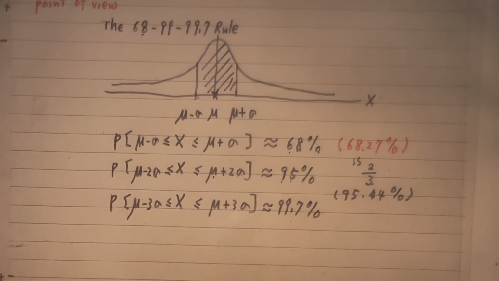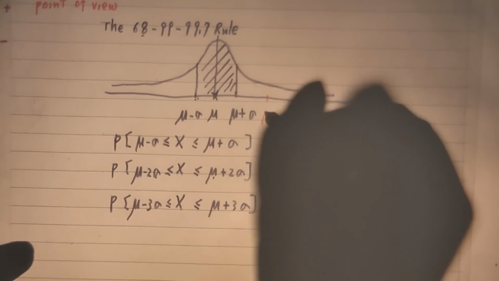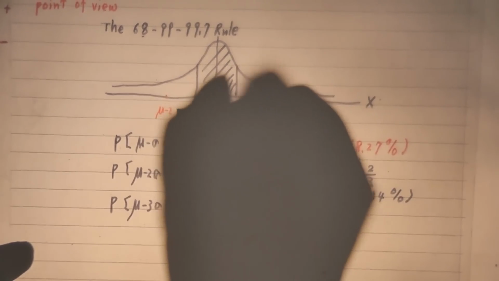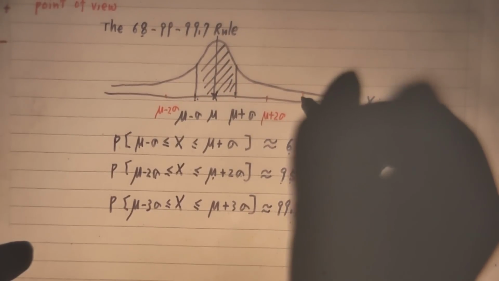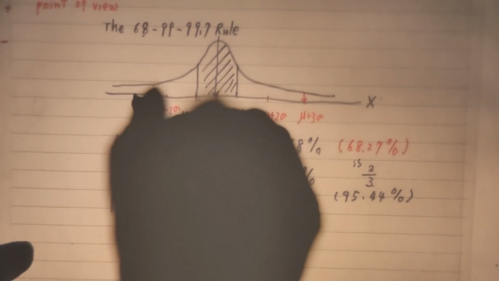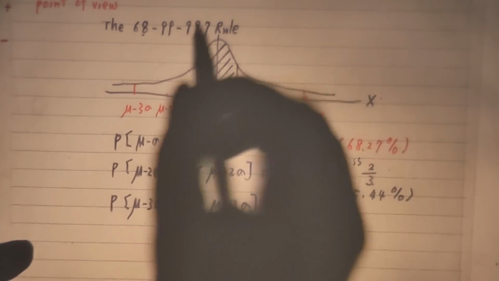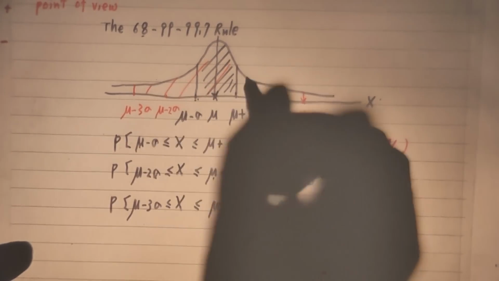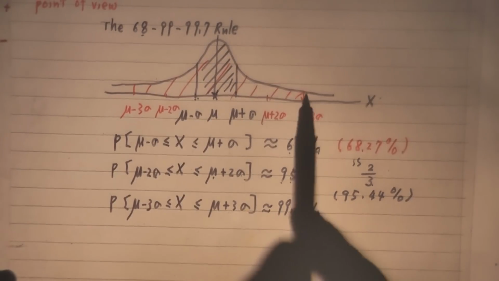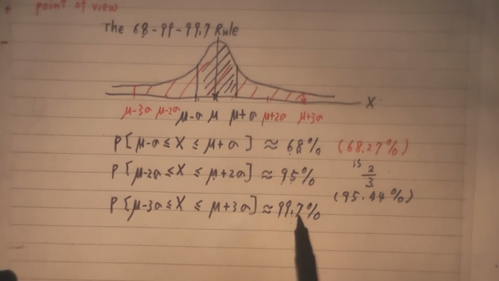Okay? So let's look at the graph here. Suppose this is mu plus 2 sigma. This is mu minus 2 sigma. And furthermore, this is mu plus 3 sigma. And this is mu minus 3 sigma. So, in the red shady area, how big is the red shady area? It's 99.7%.